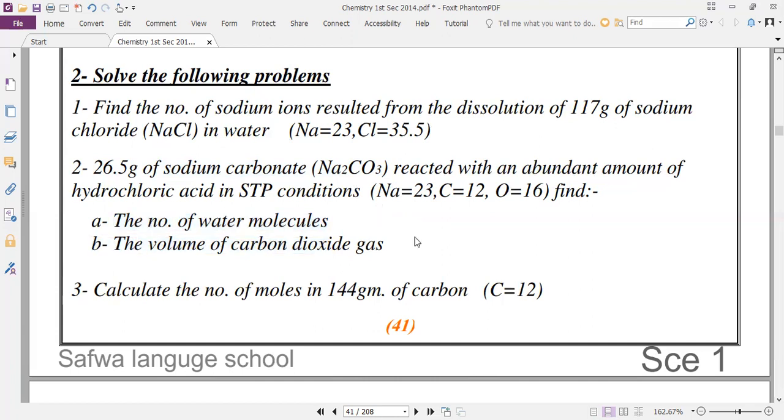Okay, Mariam? So 1 mole of sodium carbonate produces 1 mole of water, right? So 0.25 mole of sodium carbonate will produce 0.25 mole of water, right?